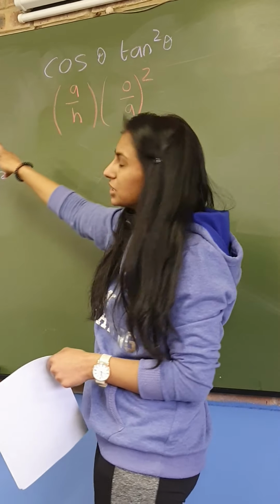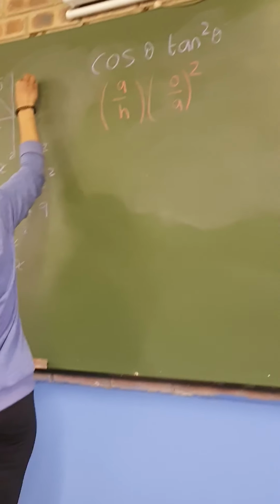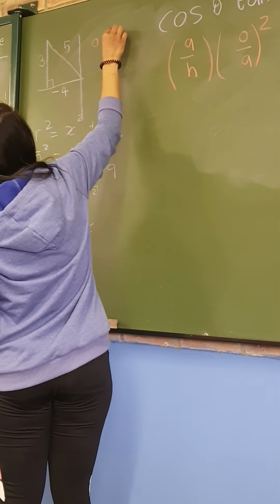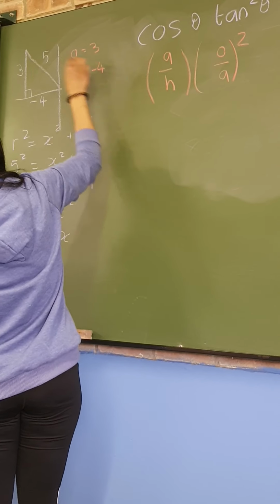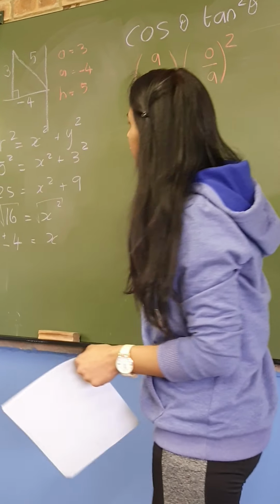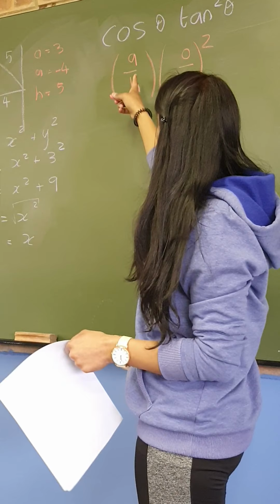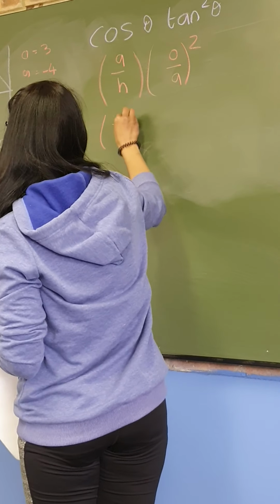Now it's just a matter of substituting. If it makes it easier for you, you can define it here. Say my opposite was 3, my adjacent we found to be negative 4, and my hypotenuse is 5. So now you just have to substitute. What goes in place of A? Negative 4.